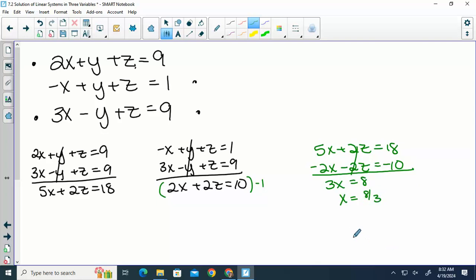And it doesn't mean you did something wrong with a fraction. That can happen. So now we have to find our z. We plug this back into one of the equations, doesn't matter which one. If I just went with the first one, 5 times 8/3 plus 2z equals 18.